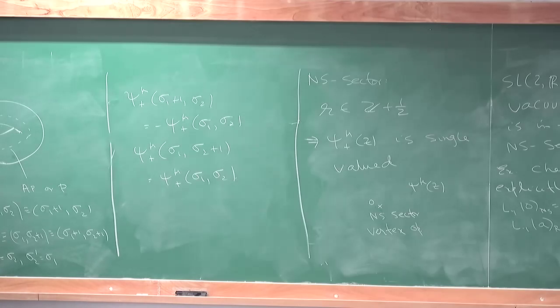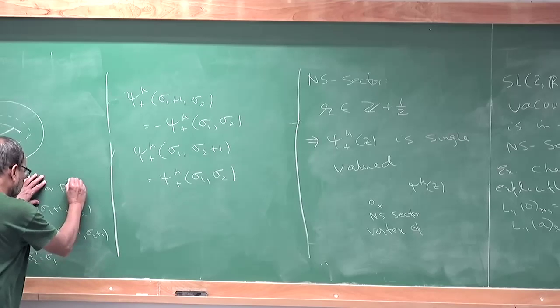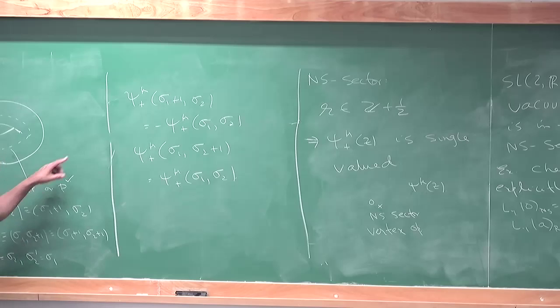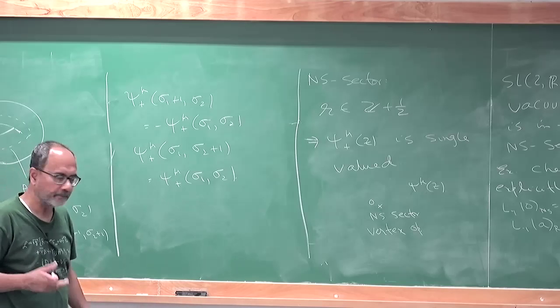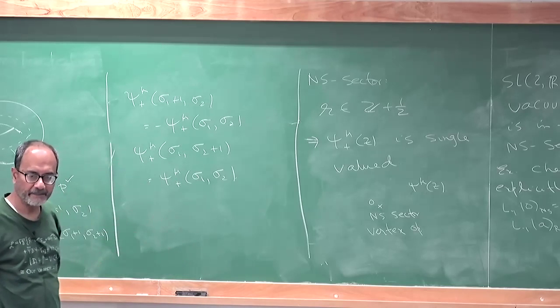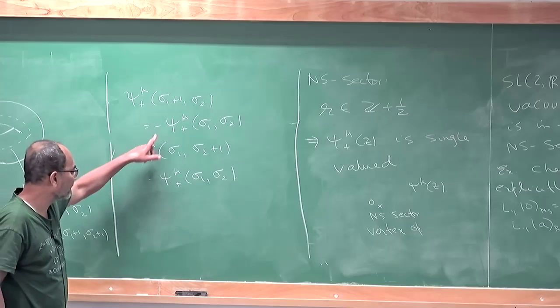Suppose you try to put these boundary conditions, that's what I said, that you put periodic here. Let's take this boundary condition, that corresponds to this. Then, if you exchange sigma 1 and sigma 2, this boundary condition is not respected. This becomes plus and this becomes minus.